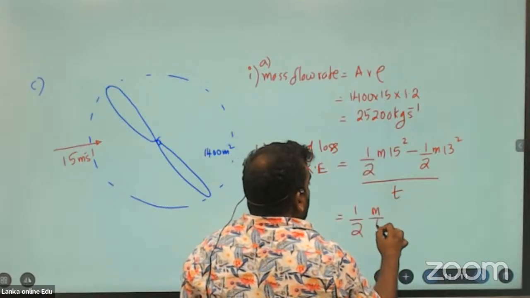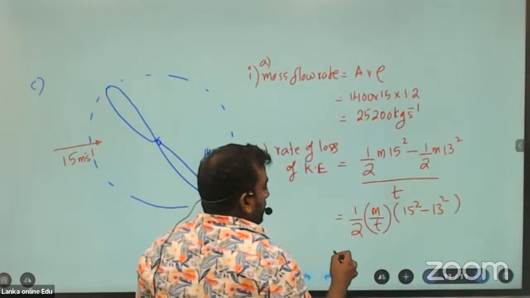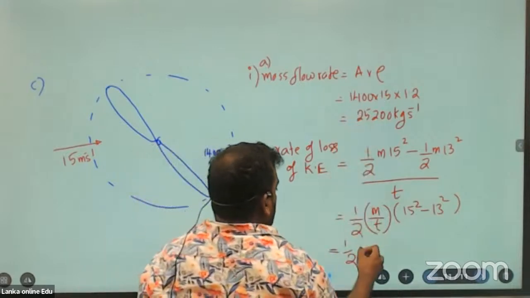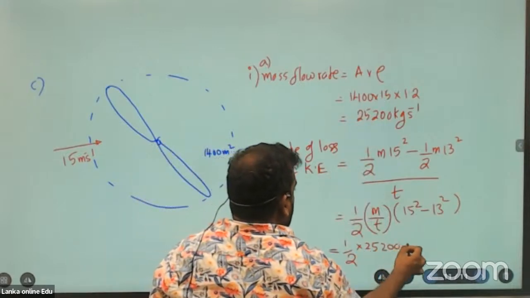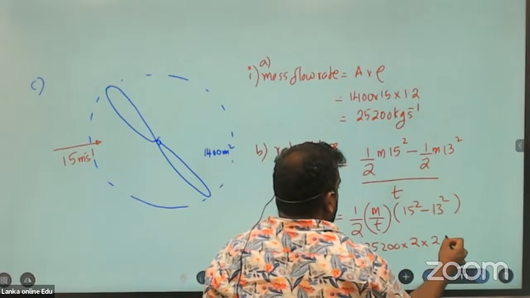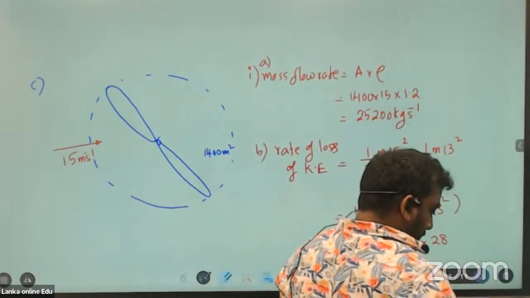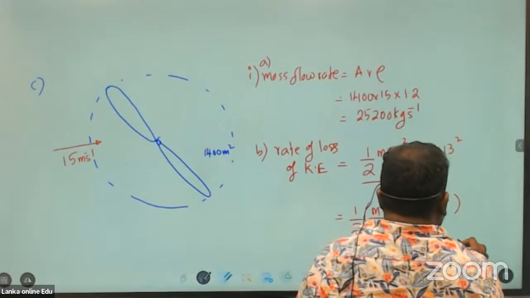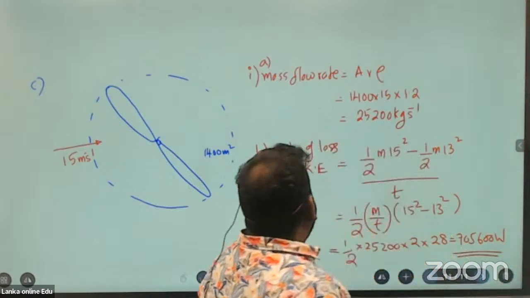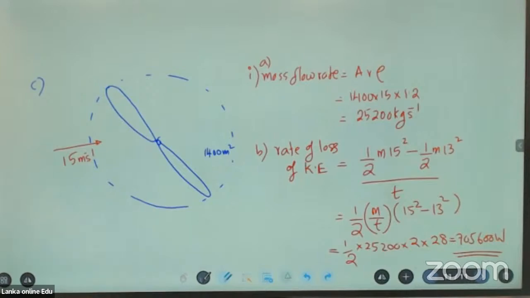Half, m over t, 15 squared minus 13 squared. M over t is mass flow rate, found: 25,200. 15 minus 13 is 2. 15 plus 13 is 28. Multiply it: 705,600 watt. Rate of loss of kinetic energy.